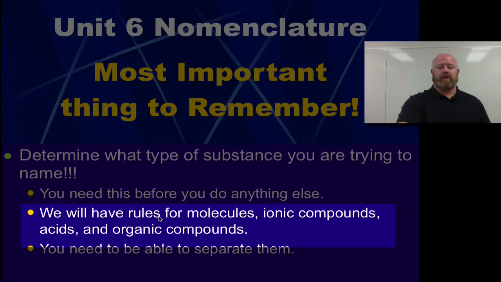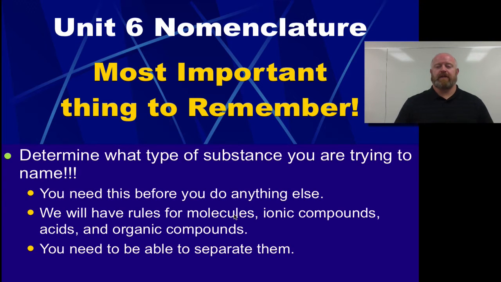We're going to have rules for molecules, ionic compounds, acids, and organic compounds. Organic, we're just going to barely touch on, just give you your most basic organic type of compounds there. Because we have 4 different types of compounds, we're going to have 4 different sets of rules to apply. So you have to be able to pick out which set of rules is the proper set of rules for the compound that you have.